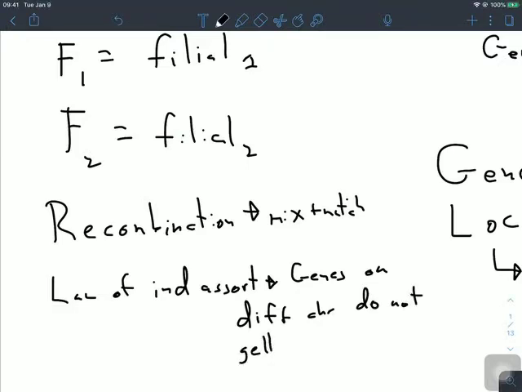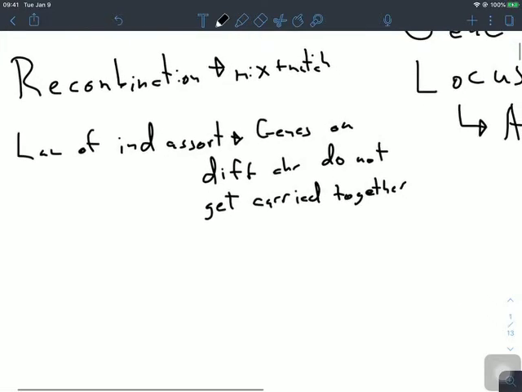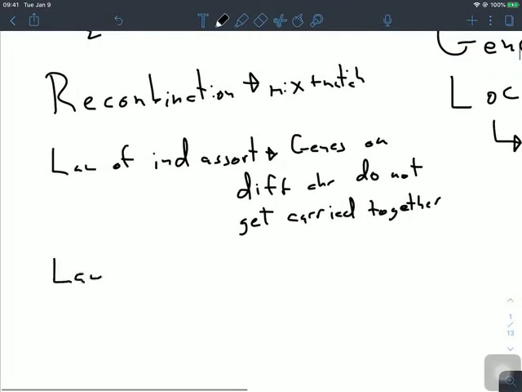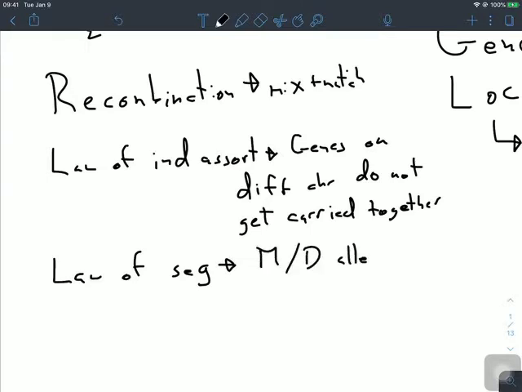They do not get carried together. And then by the law of segregation, we know that mom and dad alleles separate.